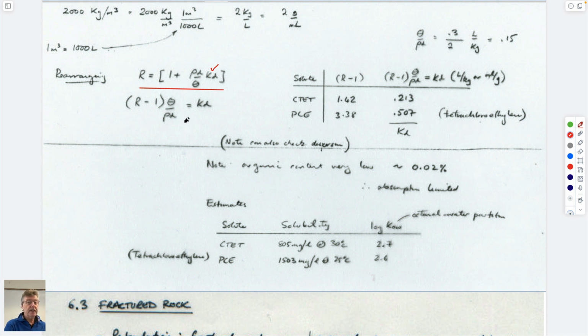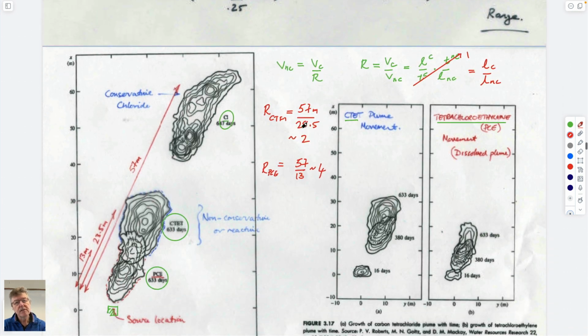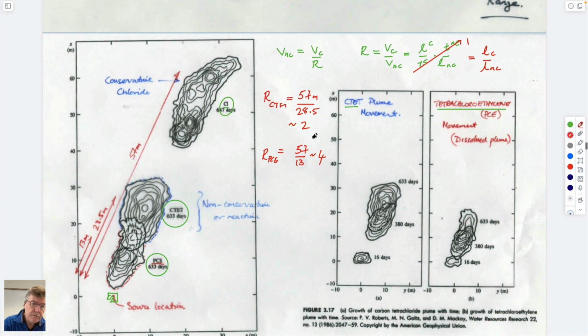And we can just try and calculate exactly what this value is from the value of the retardation coefficient that we got. So I guess the values, was it really 1.4, not 2? I guess this is 30, and this is almost 60. Did I put down 28.5? 23.5, right?